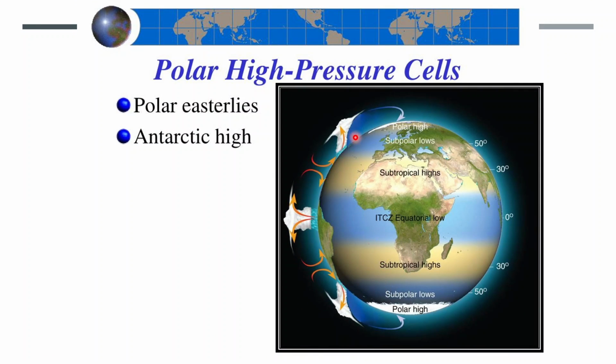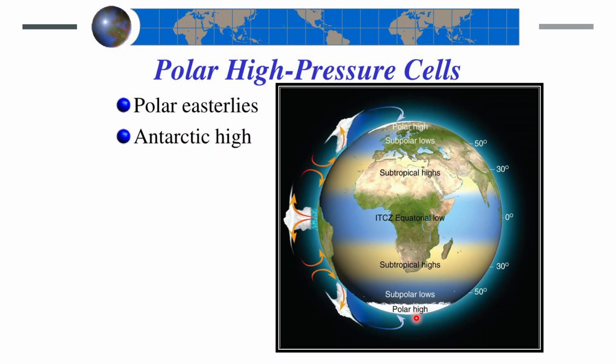The polar high pressure cells or belts are found between 80° north to 90° north in the northern hemisphere and 80° south to 90° south in the southern hemisphere.